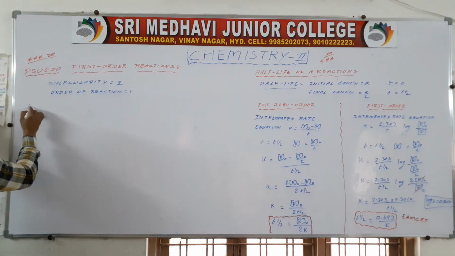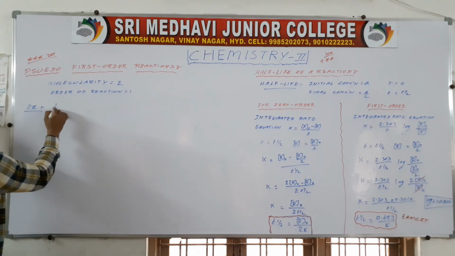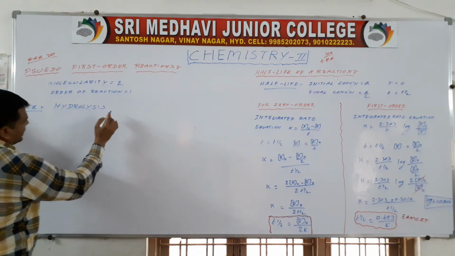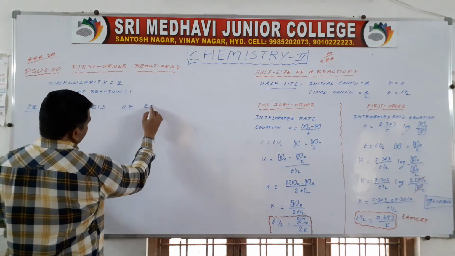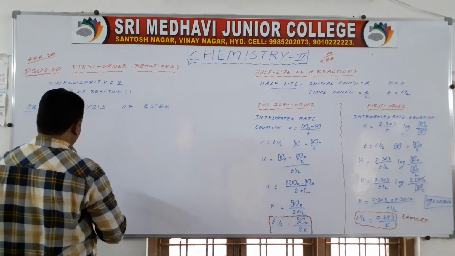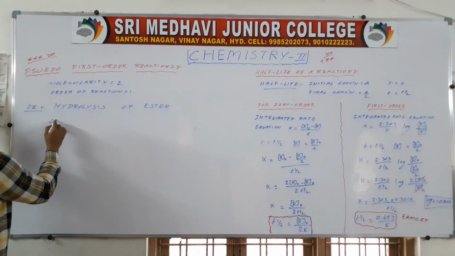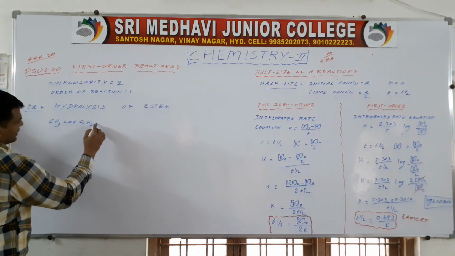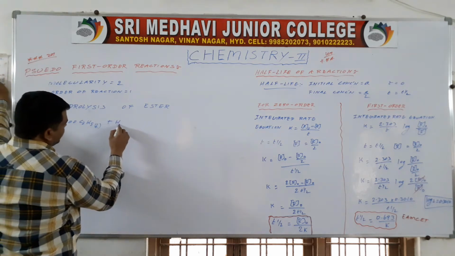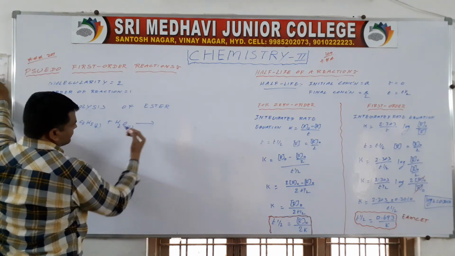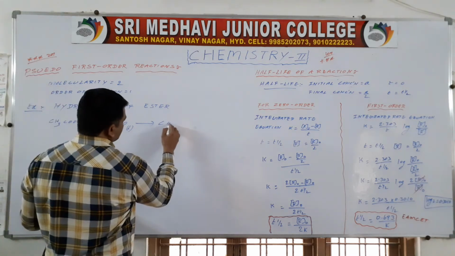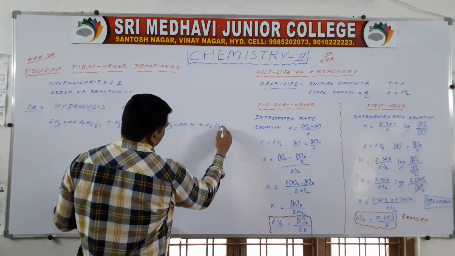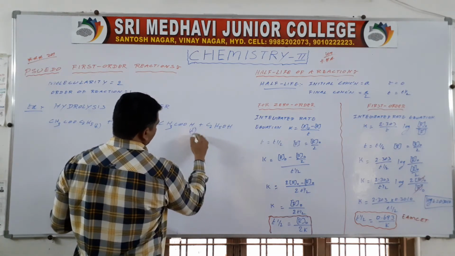So, example: hydrolysis of ester. See here, CH3COOC2H5 liquid, adding water liquid, gives rise to CH3COOH plus C2H5OH liquid.